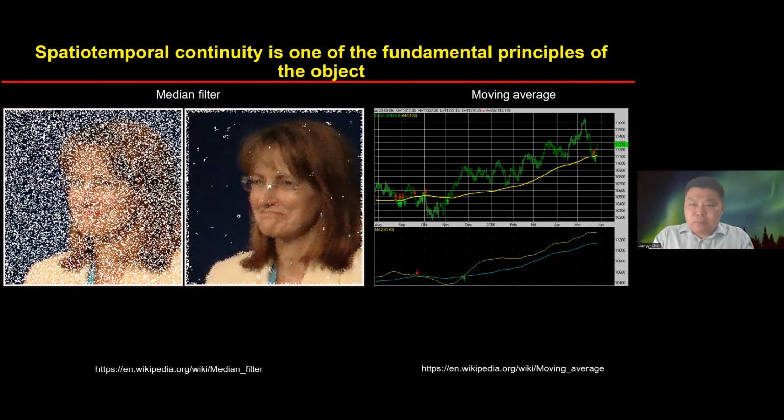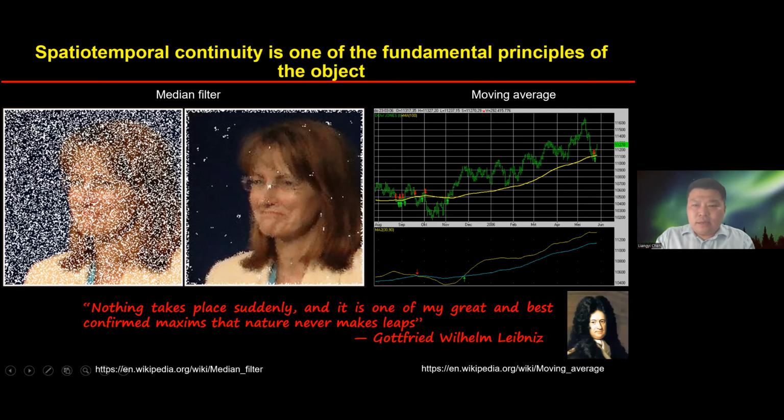By doing this, we also assume that the market trend, or the information, is continuous on the T-axis. Indeed, Leibniz already said three centuries ago that nature never makes leaps.